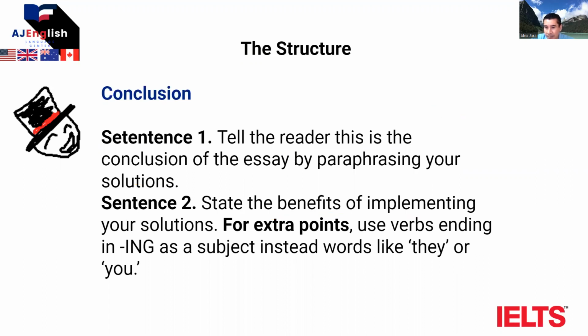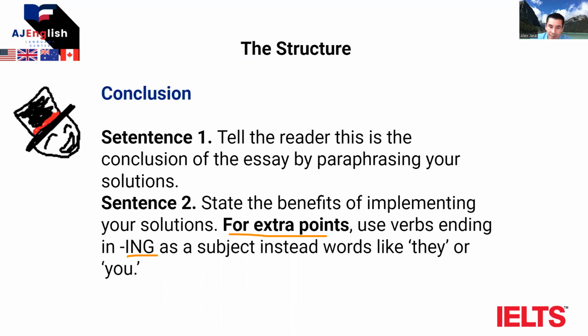And if you want to make sure you get a C1, you could go over here for extra points, the INGs. Like if they ask, how can we avoid people from committing crimes again?